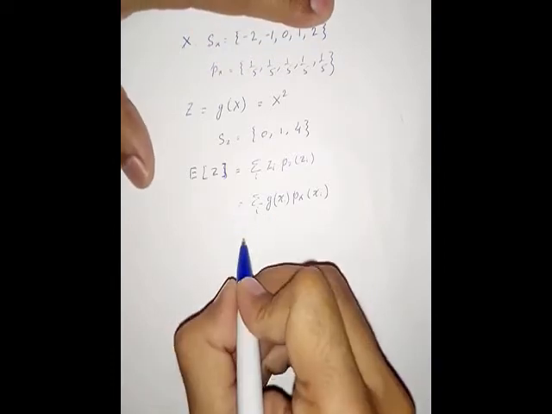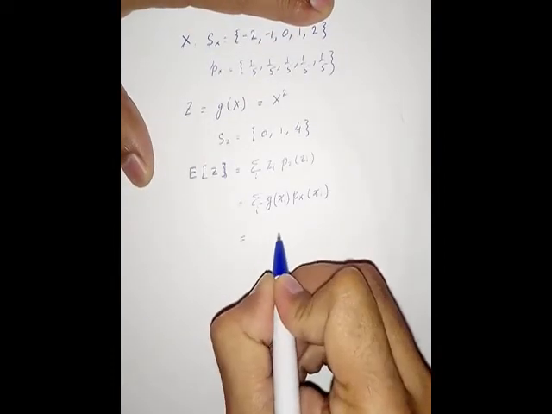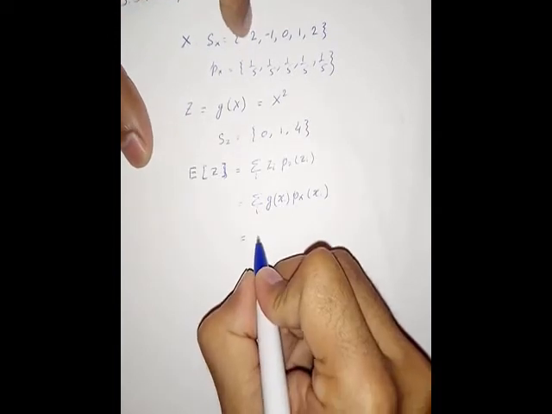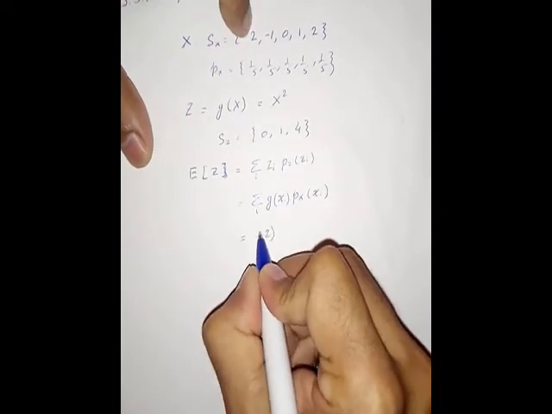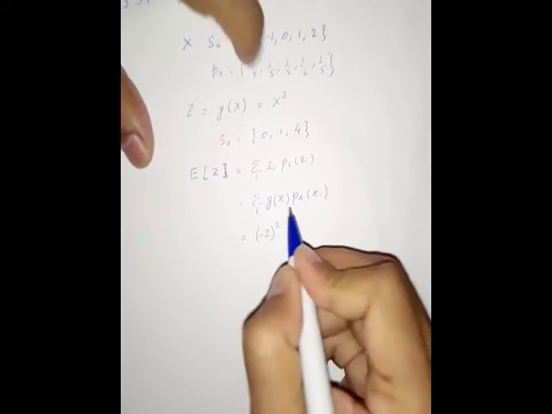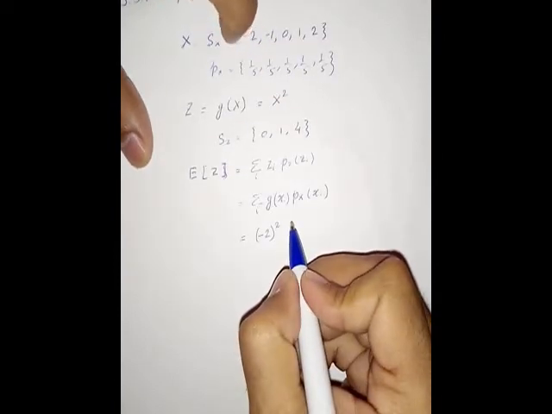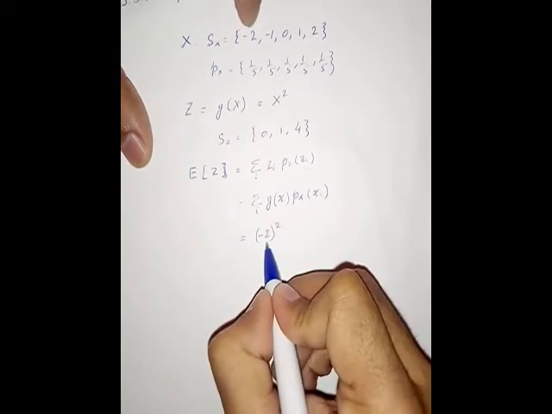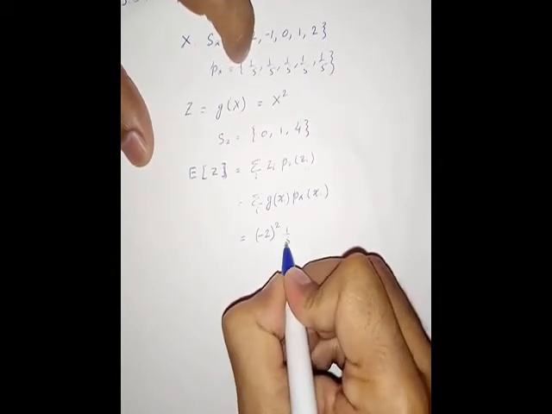So for example, in our case, the first value of x is -2, so we take -2 whole squared. That's the function, which squares the values of x, multiplied by the probability of getting -2, which is 1 by 5.